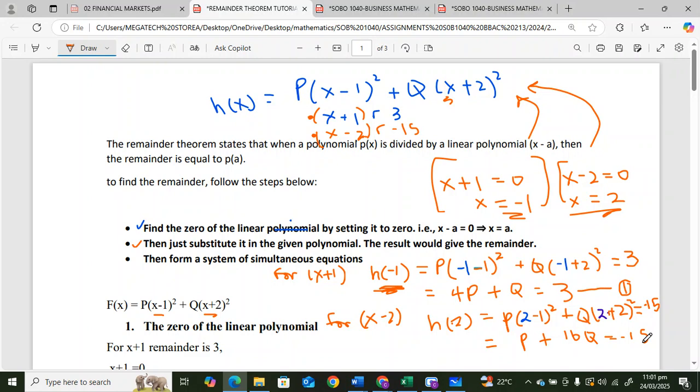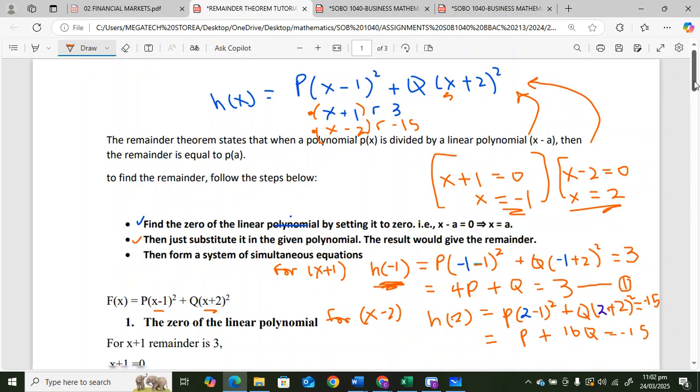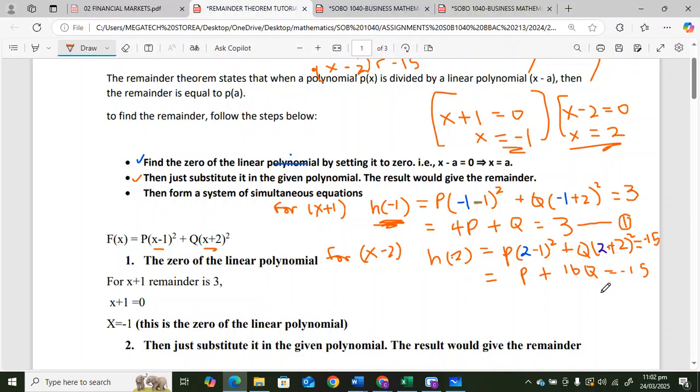So remember, first step, the linear equations that are given, equate them to 0 and get the values of x. Then those new values of x that you've got, substitute each of them into the original polynomial equation so that you can set up the simultaneous equations. Any questions? So this is equation 2.